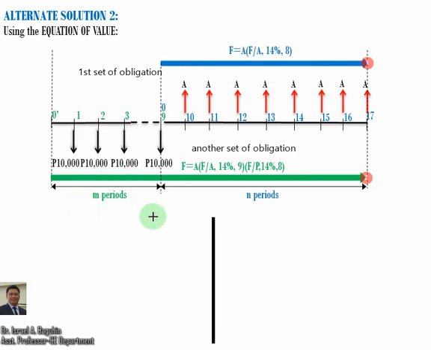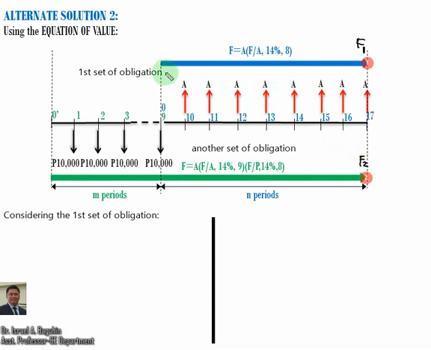So considering point 1 in the first set of obligation, if you can observe from this point going to the right side, to get the value, we assign this one as F subscript 1, since we are after the future worth, and this point as F subscript 2.